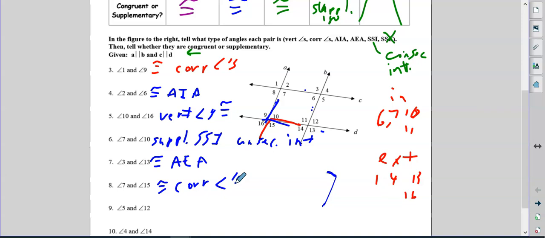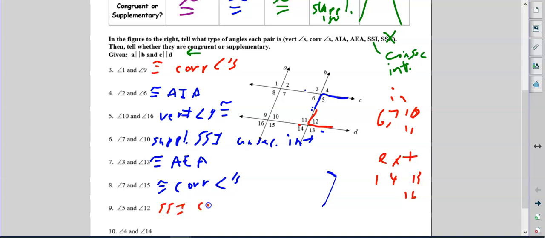5 and 12. At some point, it just is easier to start over. So 5 we have right here. And 12 we have right here. Well, if you notice something interesting, 12 is the same as 10, and 5 is the same as 7 because of corresponding angles. Therefore, since up here we said 7 and 10 were supplementary and SSI, this is the same thing.